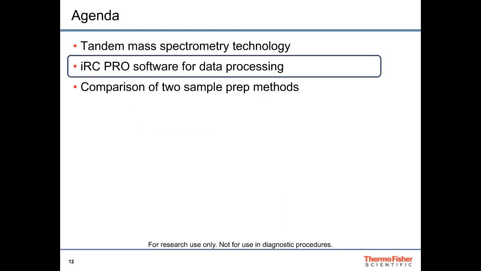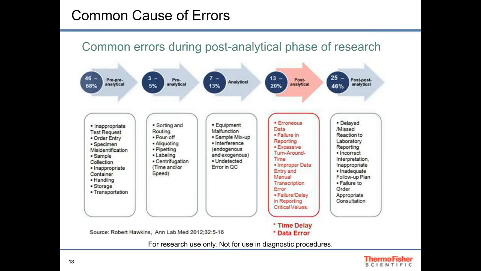The next topic that we should cover is data processing. In addition to software used to control the hardware of our LC-MS system, which also collects the raw data, processes it, and presents generic qualitative and quantitative results, we used IRC Pro software to analyze the results in more detail. As you know, errors happen, both random and systematic.